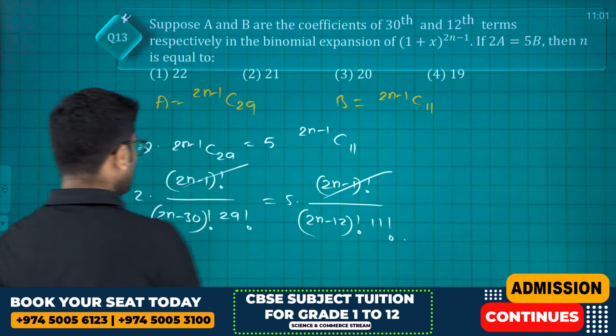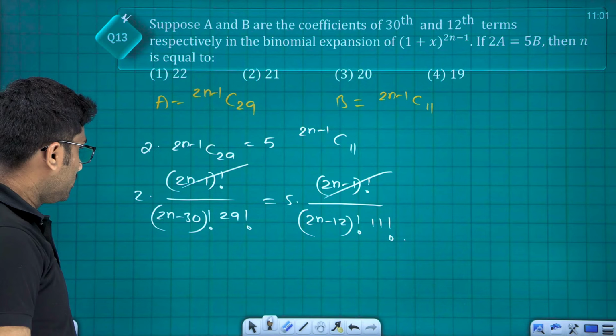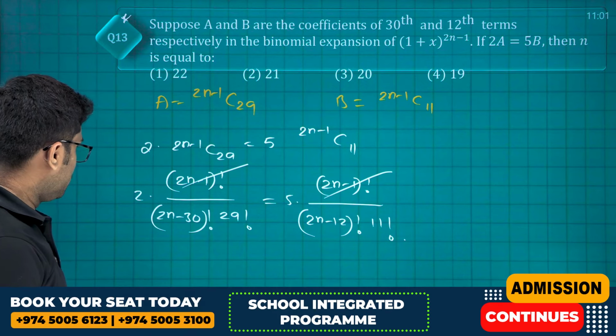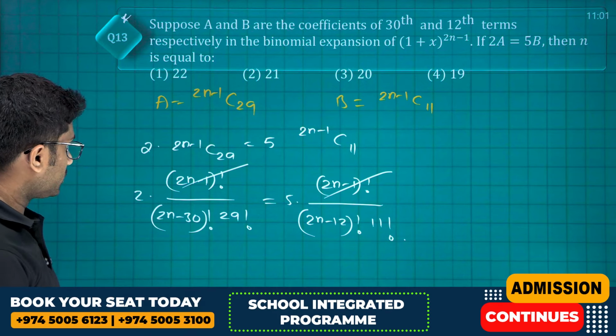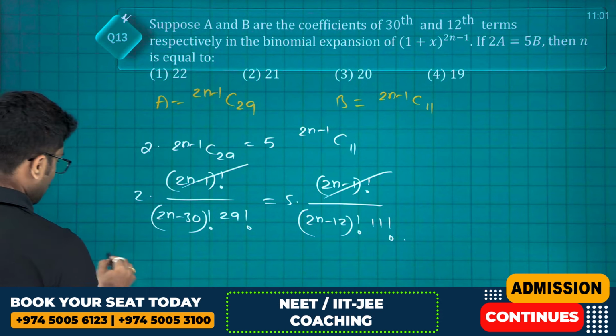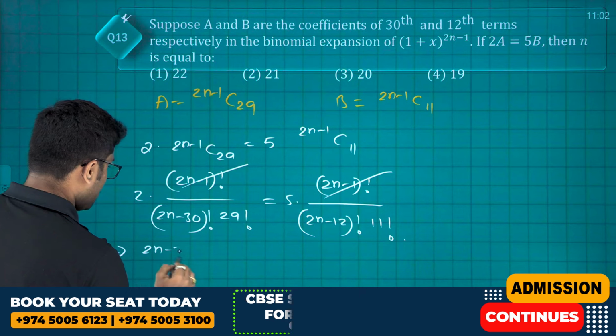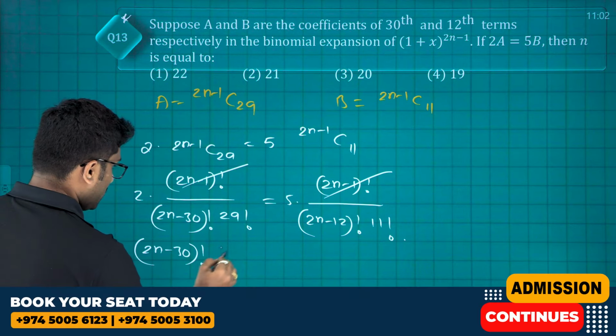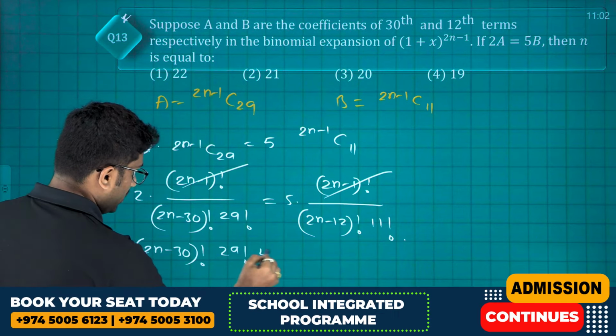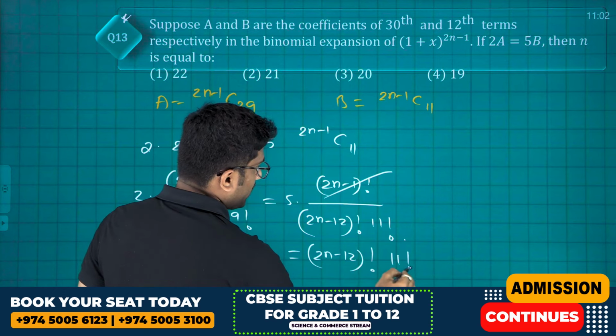The 2n minus 1 factorial gets cancelled. Now we do cross multiplication: 2n minus 30 factorial into 29 factorial into 5 is equal to 2n minus 12 factorial into 11 factorial into 2.